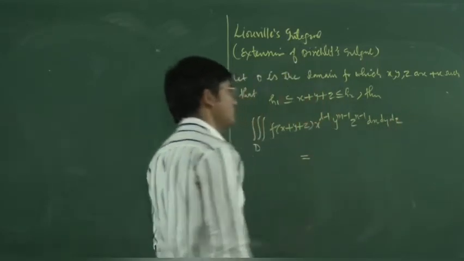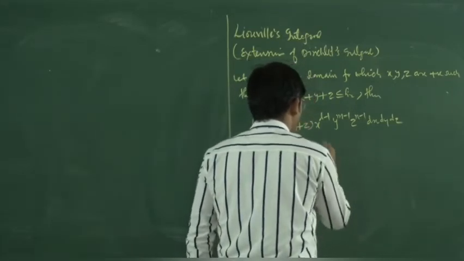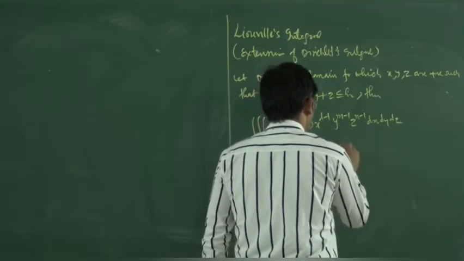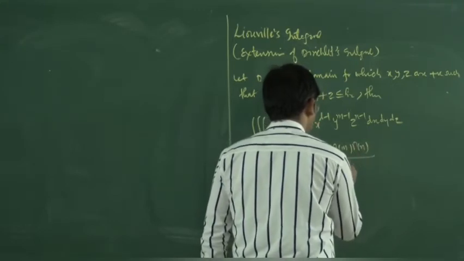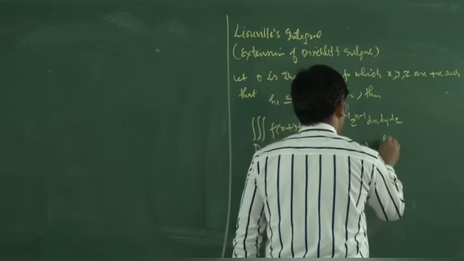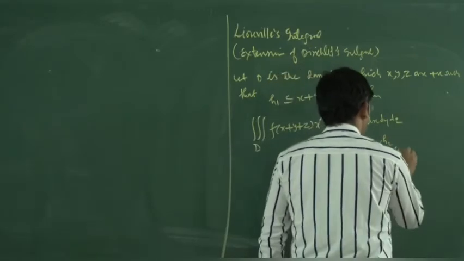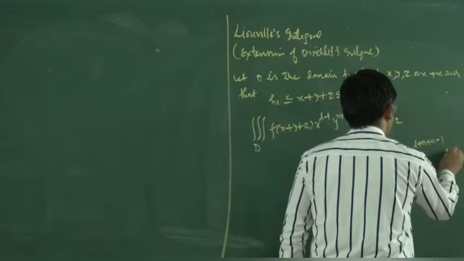Now this is equal to gamma l into gamma m into gamma n upon gamma l plus m plus n, then the integral from h1 to h2 f of u into u power l plus m plus n minus 1 into du.